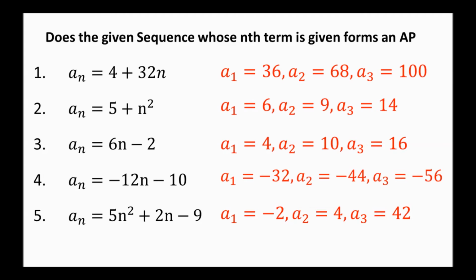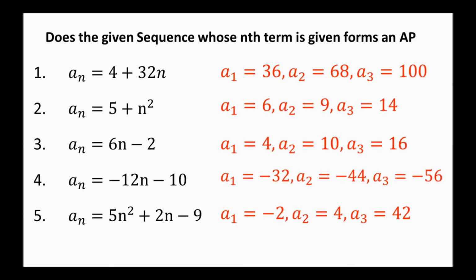In the third one, the common difference is 6 in all the consecutive terms, hence the third sequence also is an arithmetic progression. The fourth one, if we observe, yes, again the common difference is minus 12. So the fourth sequence is also an arithmetic progression, whereas the fifth is not.